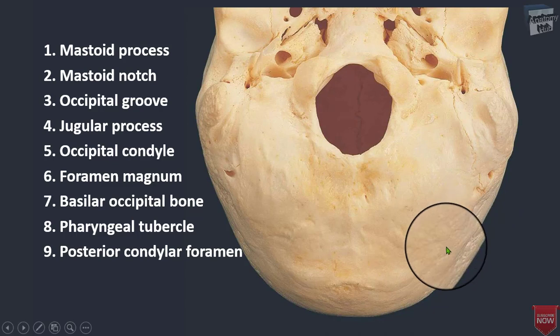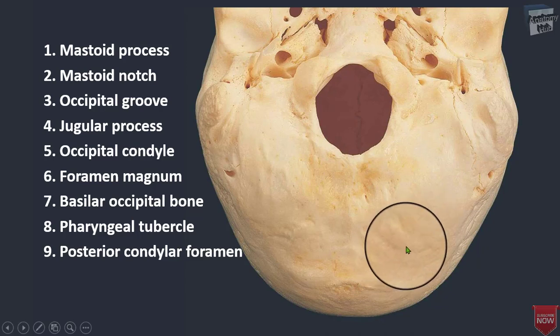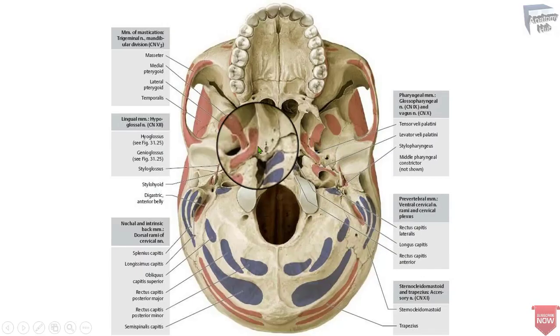And here you'll find the semispinalis capitis and the obliquus capitis superior muscles ascending from the cervical and upper thoracic vertebrae to attach between the superior and inferior nuchal lines. In this area, you'll find the trapezius, sternocleidomastoid, and the deeper splenius capitis muscle that all attach to the superior nuchal line. So here you can see the attachments.